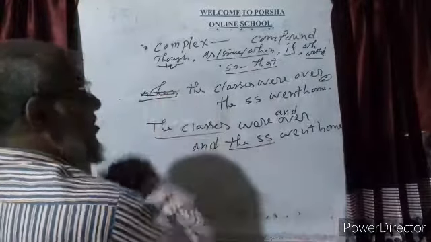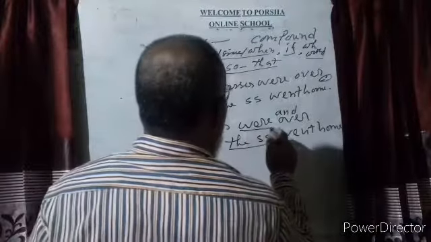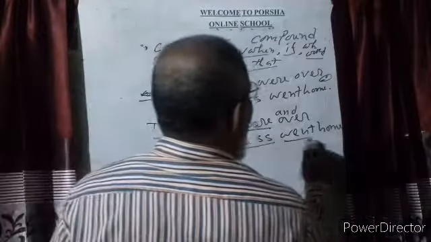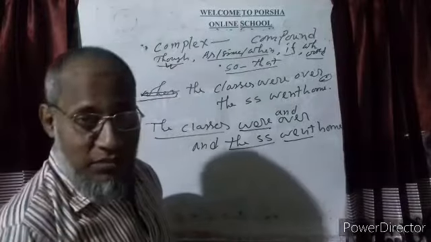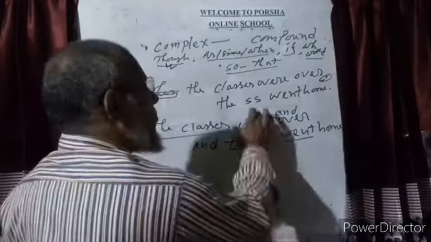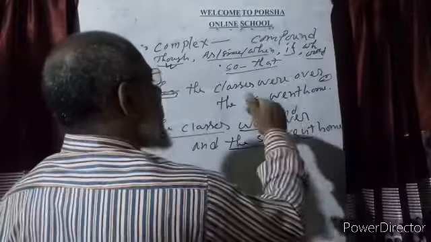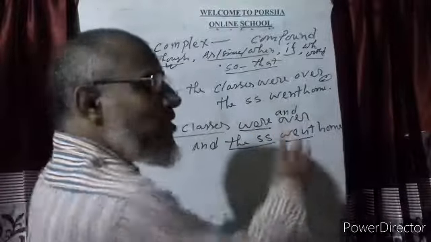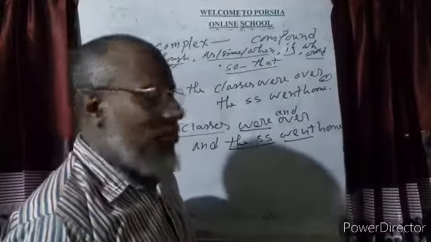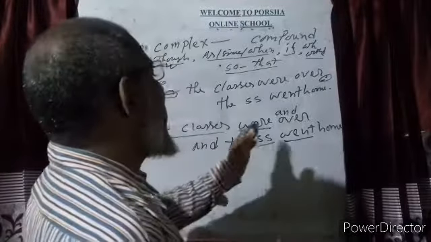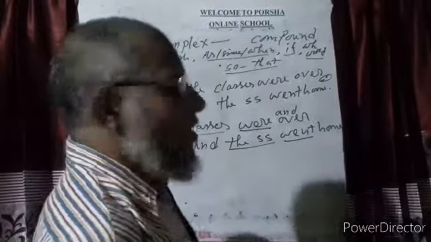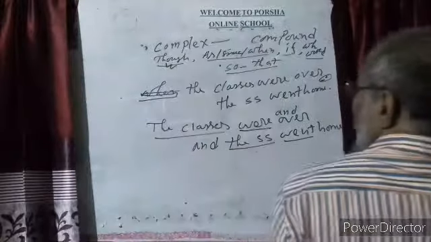It will be present. Now verb, here were, and here went. The verb is also dissimilar. So both verbs will be used. So in this compound sentence, two subjects and two verbs are present. It's okay, my dear student. The classes were over and the students went home.